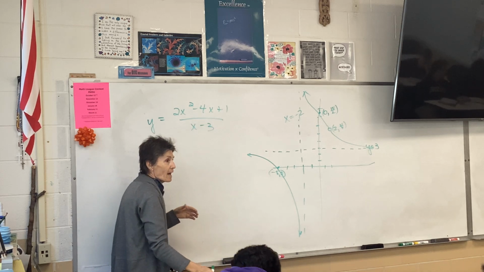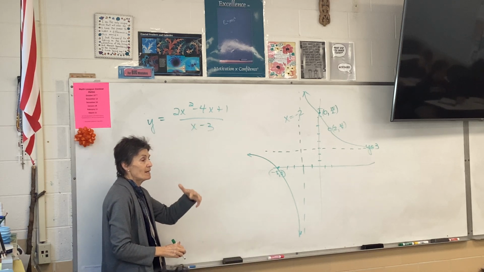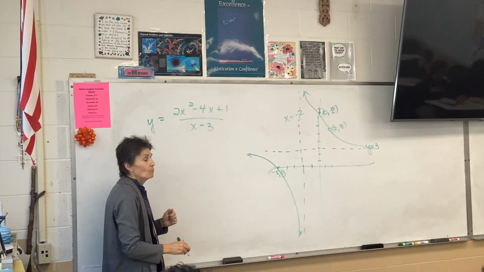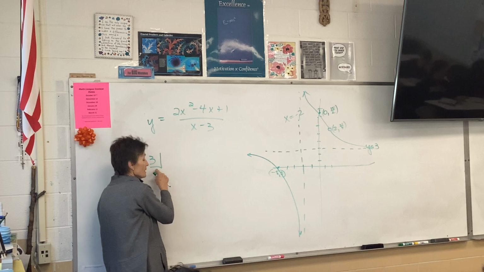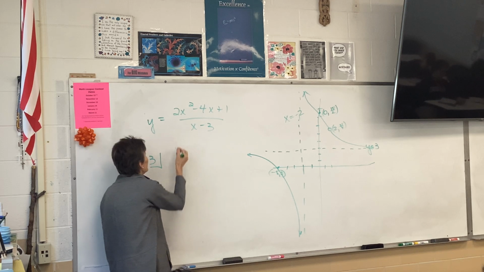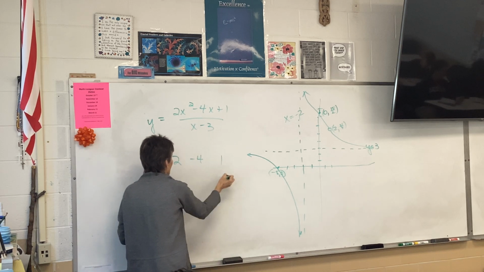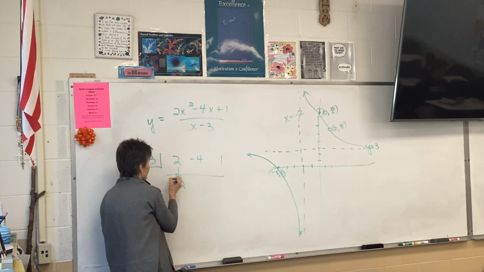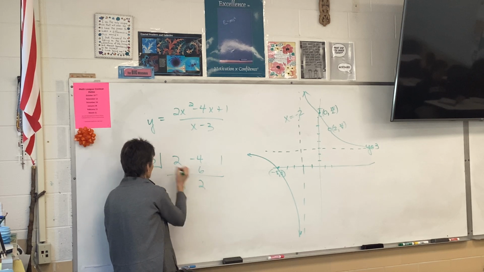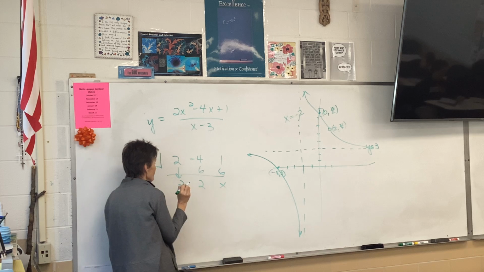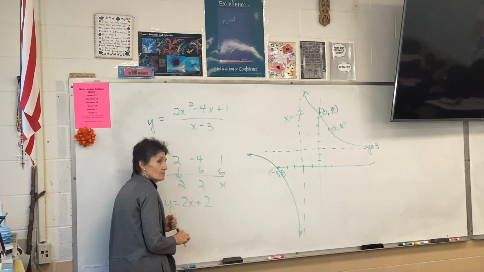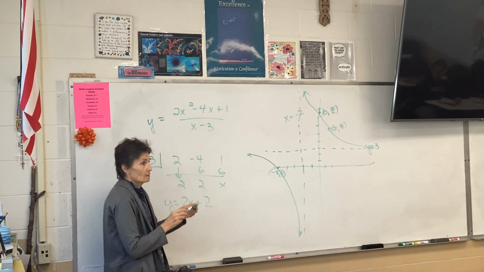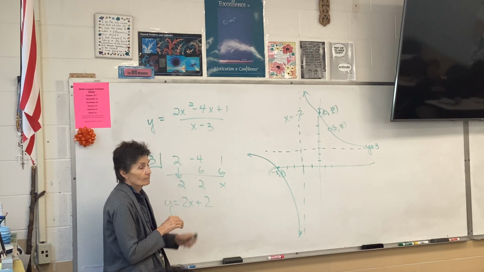And how do we do that? What do we do to find the end behavior asymptote? So synthetic division. So in here will be 3, and then 2, -4, 1. 6, 2, 6, we don't care. So y equals 2x plus 2. Right?